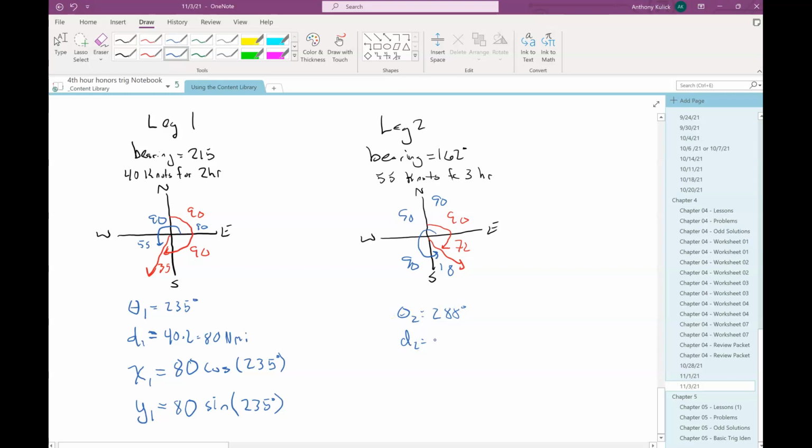And my distance would be 55 knots times 3 hours, so 165 nautical miles. So my horizontal component is going to be 165 cosine 288 and 165 sine 288 for the vertical component.